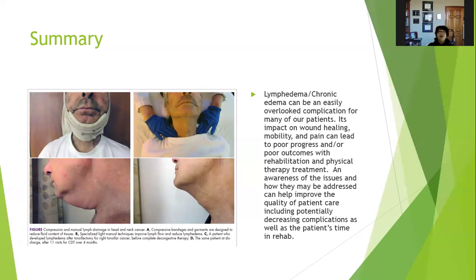So, by us having awareness of the issues and how they may be addressed, we can help improve the quality of patient care, including potentially decreasing complications as well as the patient's time in rehab. By being able to recognize some of these things, we can also refer appropriately if we're not certified lymphedema therapists ourselves, so they can get the treatment that they need. It's a really important part of therapy.